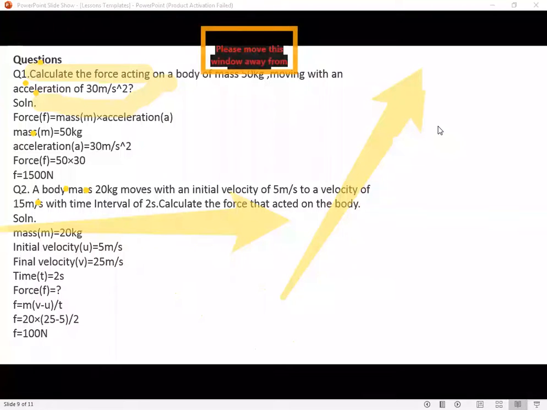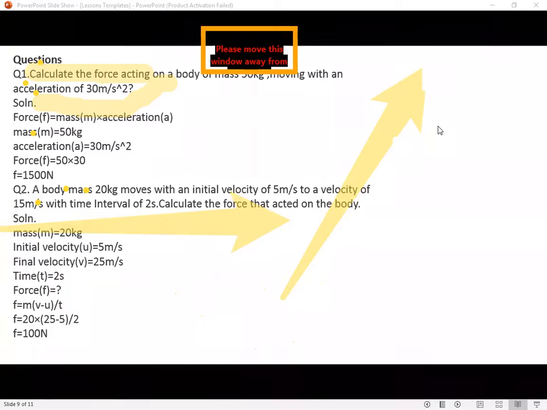Okay. If you look at the second question: a body of mass 20 kilogram moves with an initial velocity of 5 meters per second to a velocity of 15 meters per second with time interval 2 seconds.